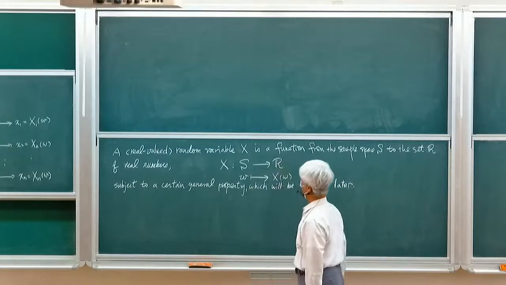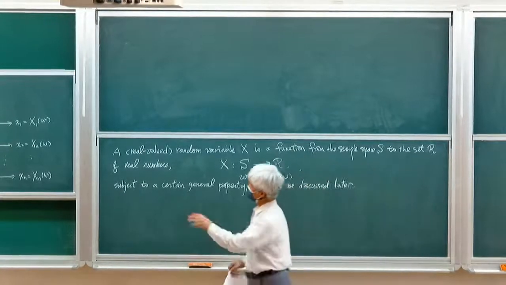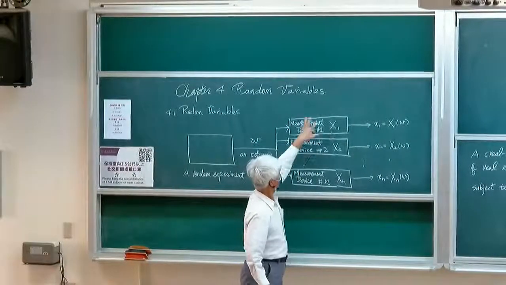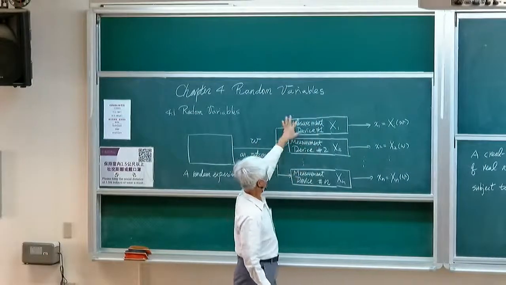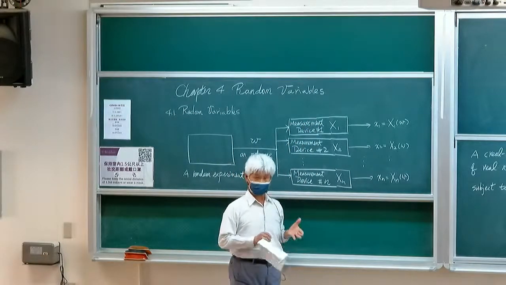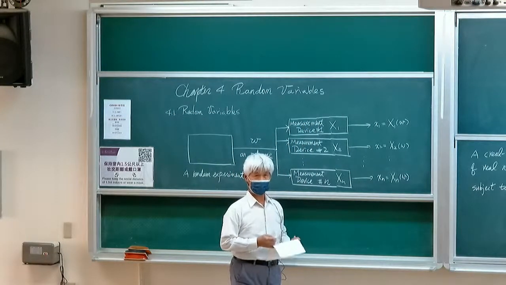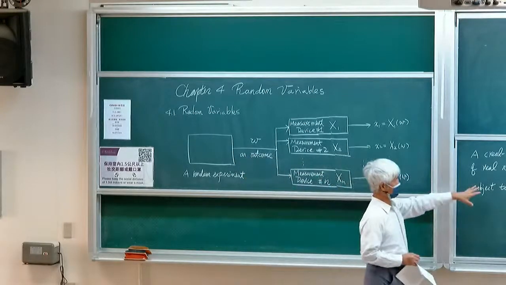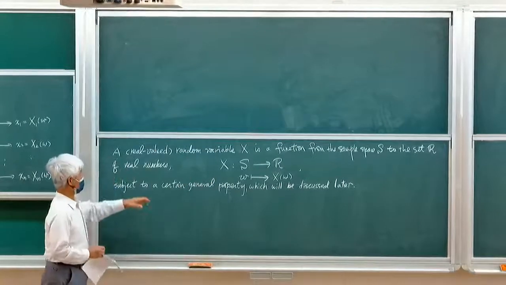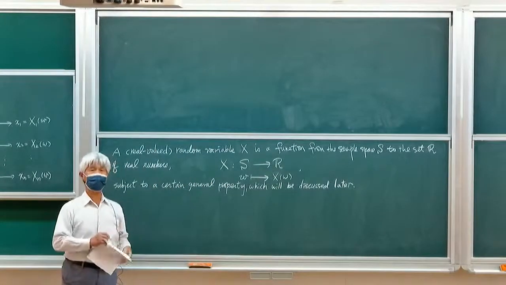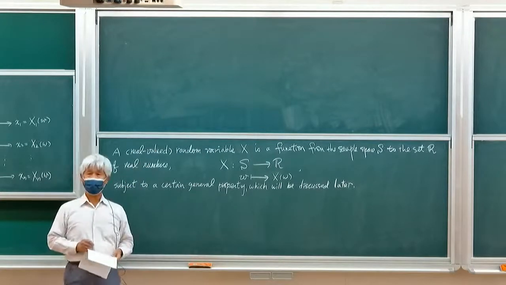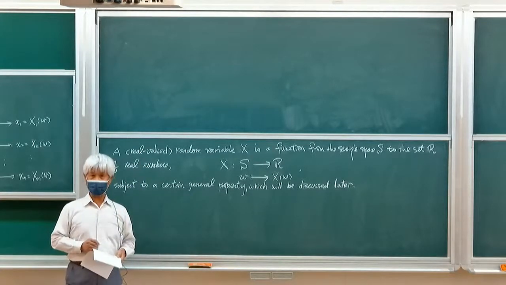So any of these devices will give us a random variable. A random variable is just a function, mathematically a function from the sample space to the set of real numbers, because especially in this semester, we are mainly talking about real valued random variables.